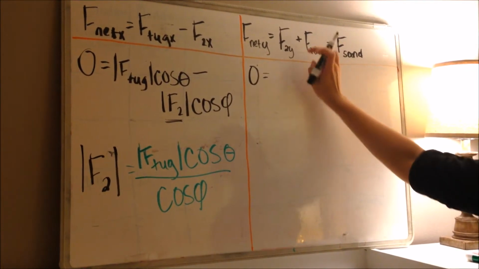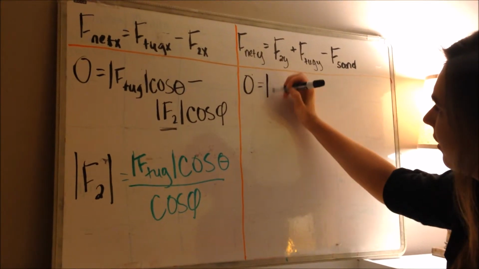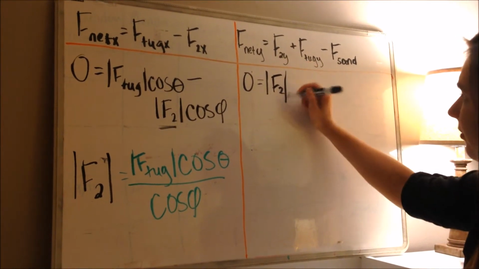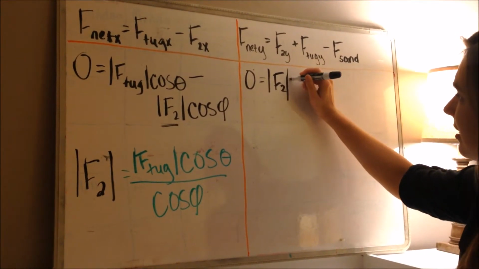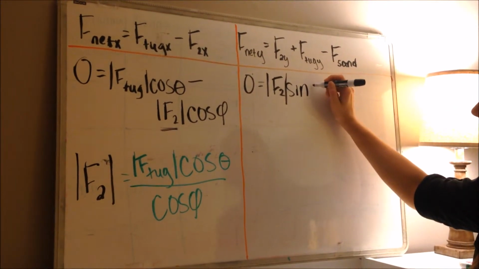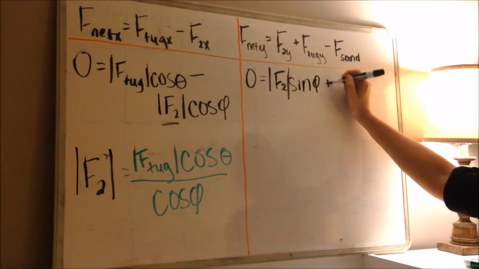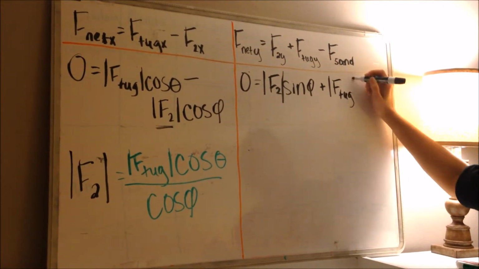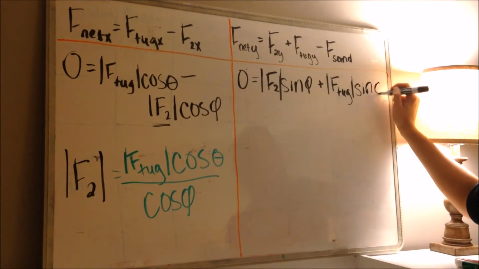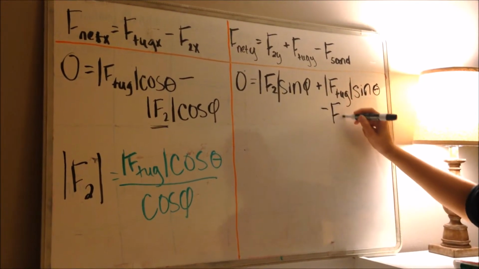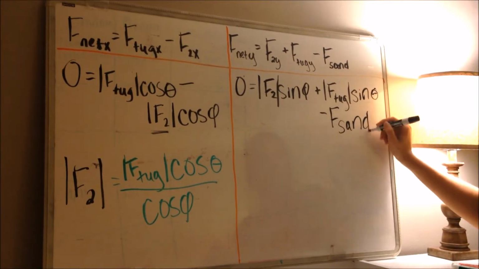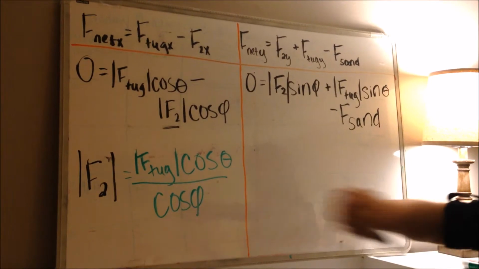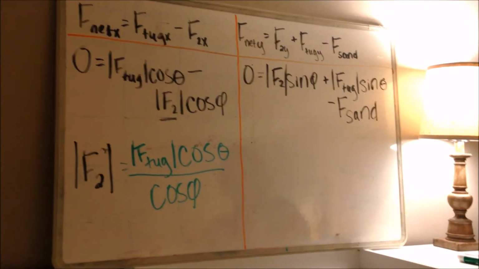Okay, so we know the unknown force, which we found already, we'll plug that in later, will be the magnitude of that times the sine of phi plus the magnitude of F tug times the sine of theta minus F sand. Following, we're going to solve for F sand and plug in our force that we found earlier.